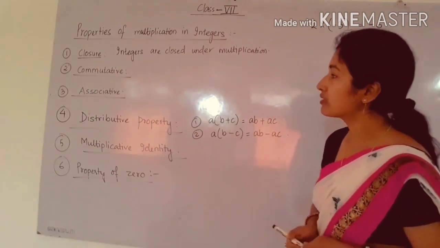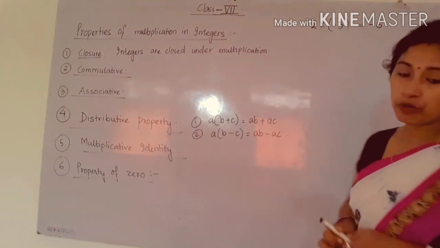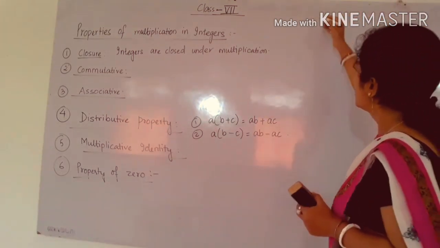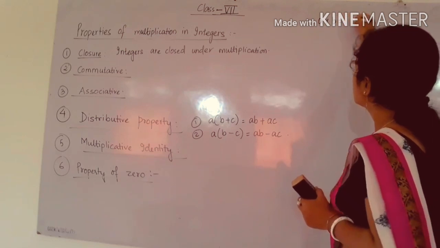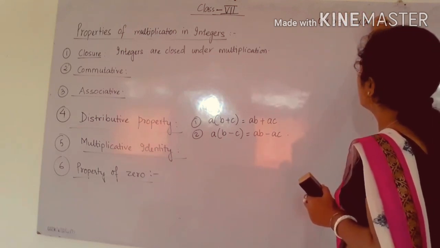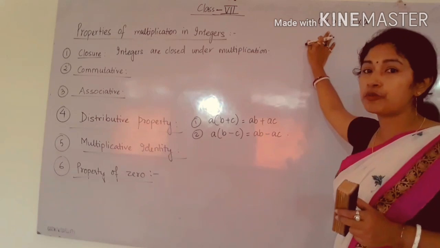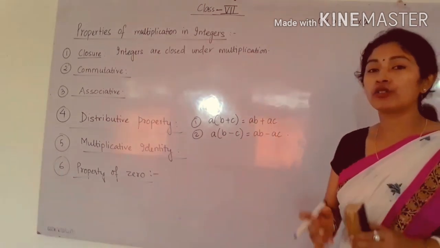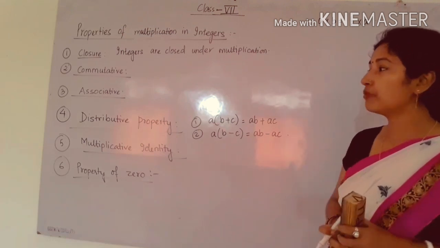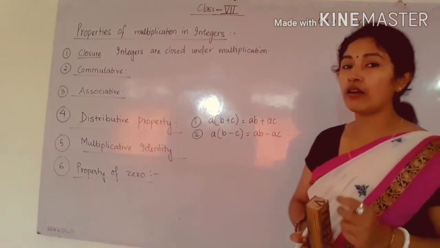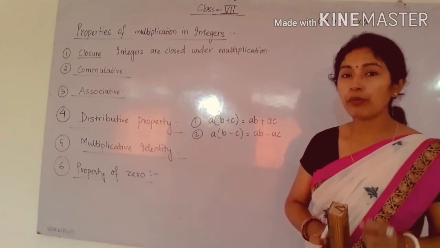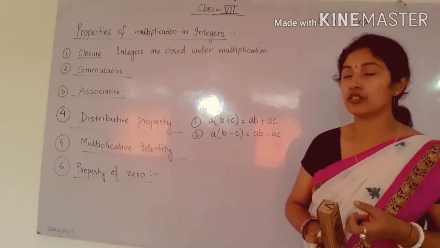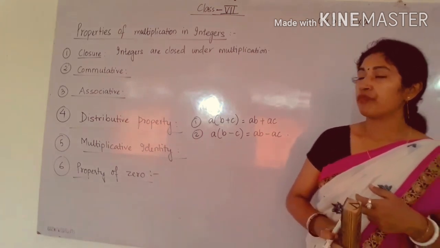The second property is commutative property. In commutative property again you have to check whether A into B is equal to B into A or not. Suppose this property is satisfied, then associative property will also be satisfied. Commutative property and associative property are almost similar. In commutative property we have to take two integers, but in associative property you have to take three integers.